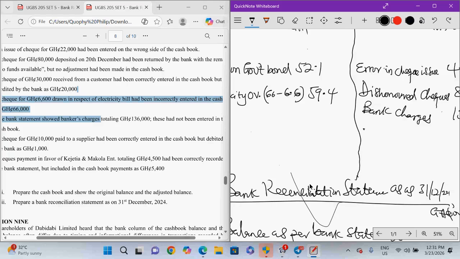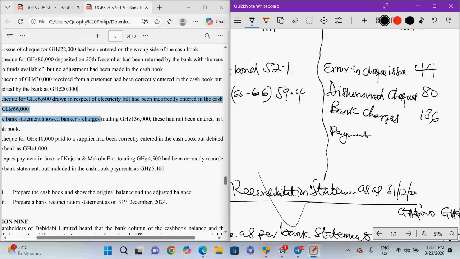Yeah, payment. I don't know the type of payment that is, but the payment is 4,500. Let's look at what they did. The payment is 4,500. That is the right payment. But then they recorded 5,400. So what do you think we should do to correct this error?